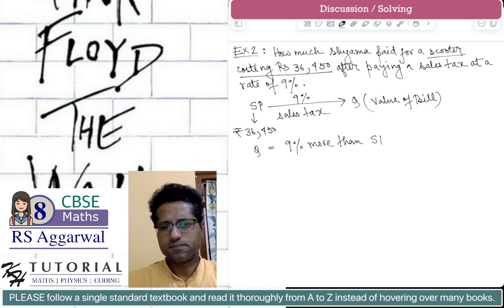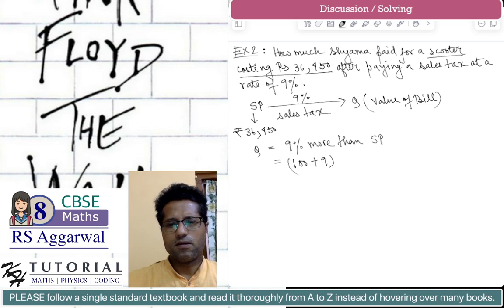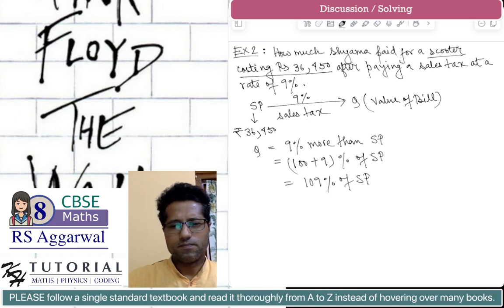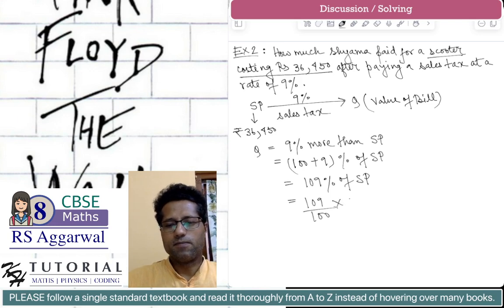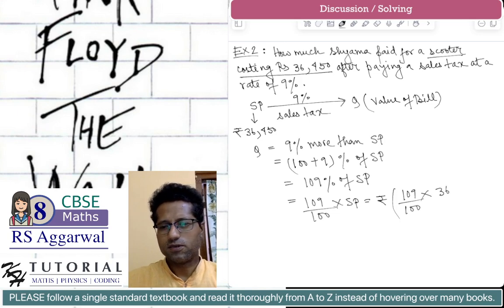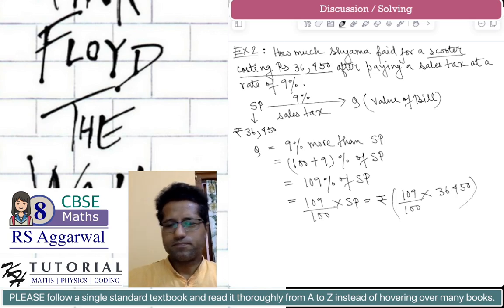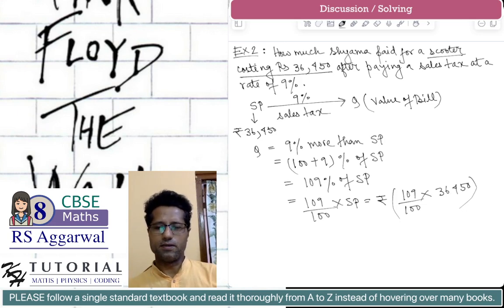So SP, 9% more means 100 plus 9% of SP, which is equal to 109% of SP, which is equal to 109 divided by 100 multiplied by SP, which is given to be 36,450.